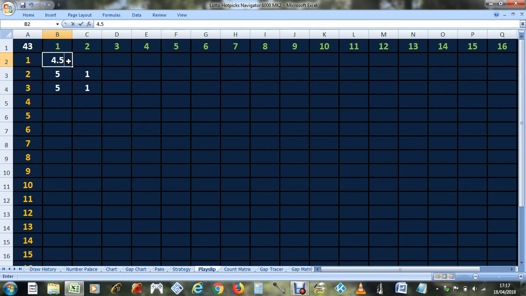So now each of these squares contain 4.5 numbers. Now because we're not actually defining what numbers they are, it doesn't matter if we have half of a number in a square. All that does matter is that we know how much is in the column altogether, so that we can calculate the next square.